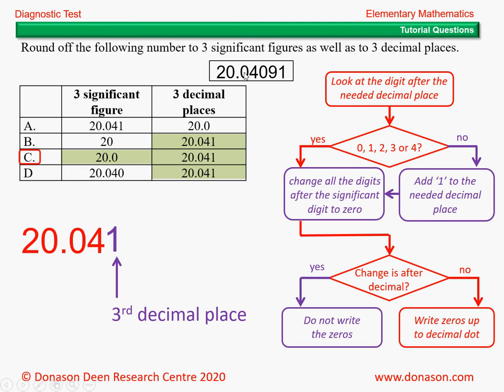The question requires you to round off only to 3 significant figures, so the rest you just drop, because it doesn't make sense to write 4091 as 0000. Even though 20.0 is the same as 20, because the question requires 3 significant figures, you must leave it as 20.0, so we know that it has been rounded off to 3 significant figures.